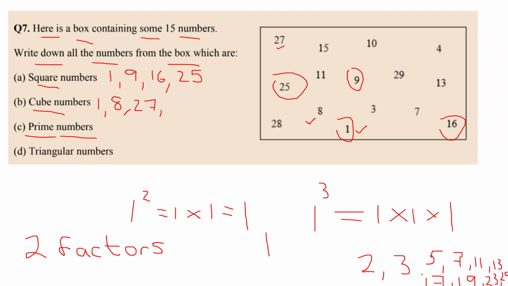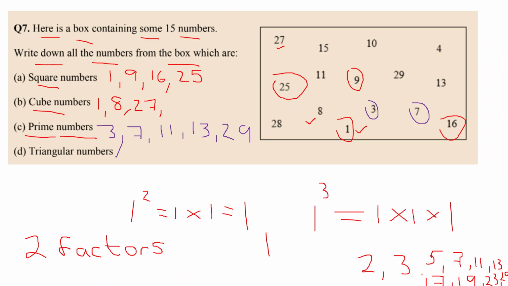So 3 is on here, so 3 is prime, 7 is prime, 11 is prime, 13 is prime, and there's no other number, sorry, I tell a lie, 29 is also prime. I believe that is all the ones that are there.